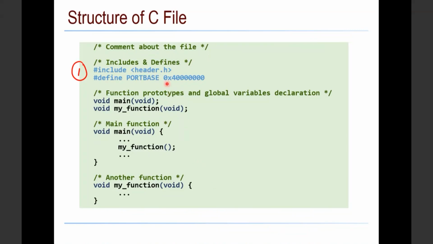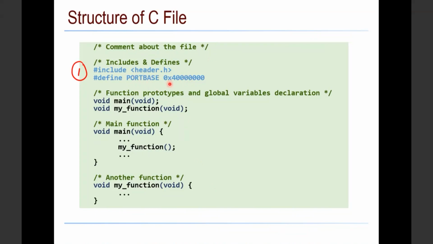But don't be afraid, because we have a file that already defines all of the input, output, and register addresses. So there is no need to memorize all of the addresses of the input output ports.